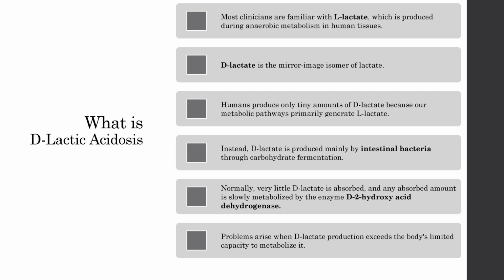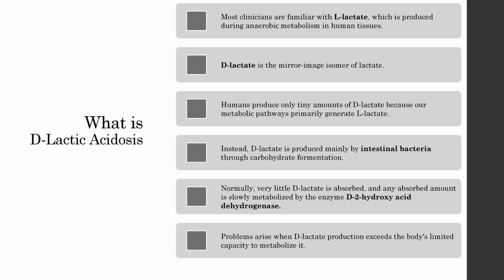Most clinicians are familiar with L-lactate, which is produced during anaerobic metabolism in human tissues. However, D-lactate is the mirror image isomer of lactate. Humans produce only tiny amounts of D-lactate because our metabolic pathways primarily generate L-lactate.